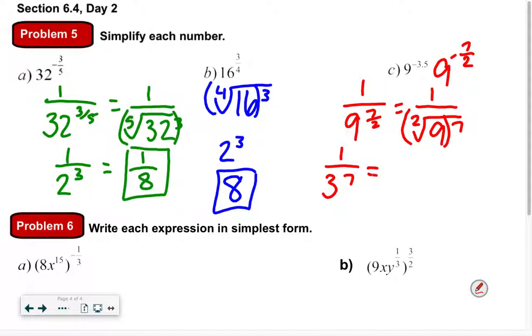We got calculators? What's 3 to the 7th? It's huge. 2,187.